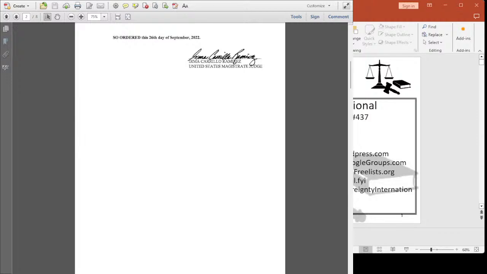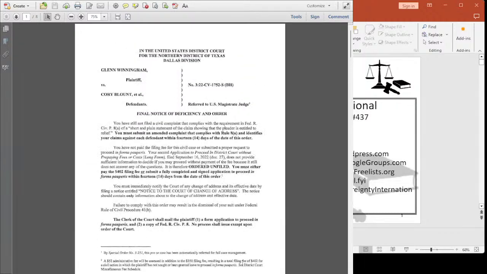So this is the one for the other one, and as you can see, this is a notice of deficiency.